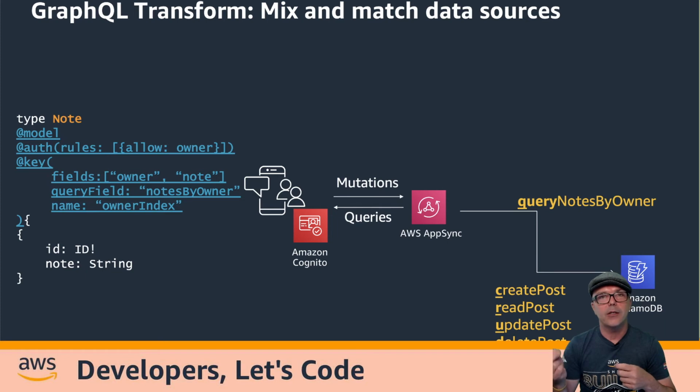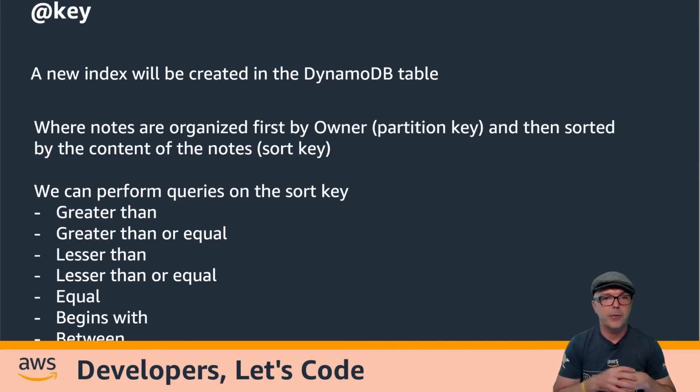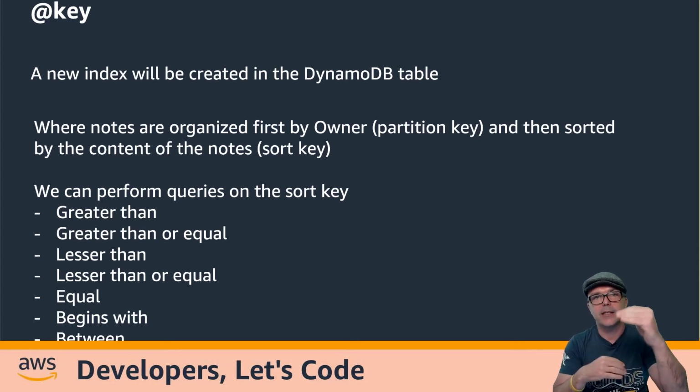When you create a note as that owner, in the owner field which we've now created, we are able to query all records that have that owner field, and we can search on the note name. The new index is ordered by the owner, which is the partition key, and then the sort key is the content of the notes.